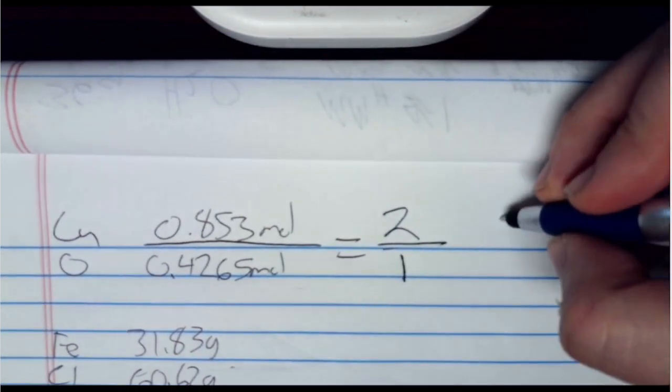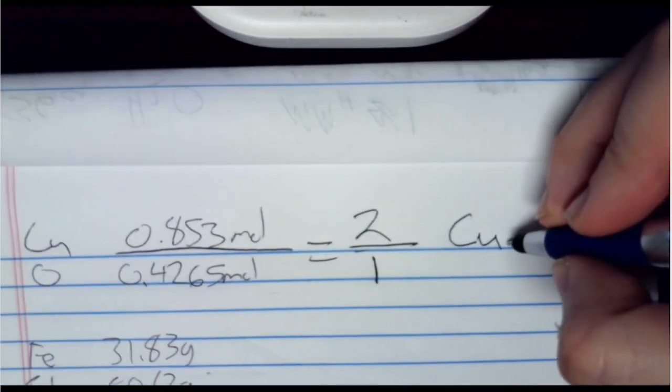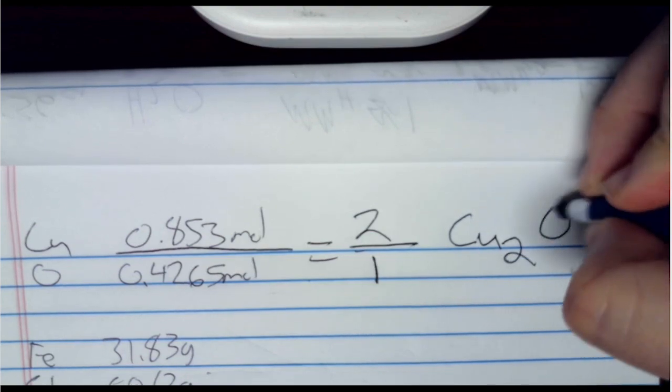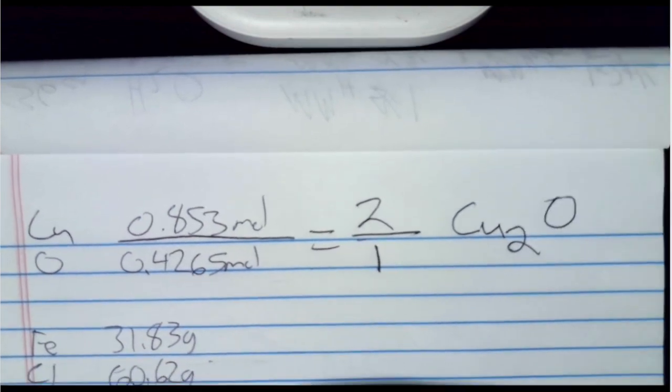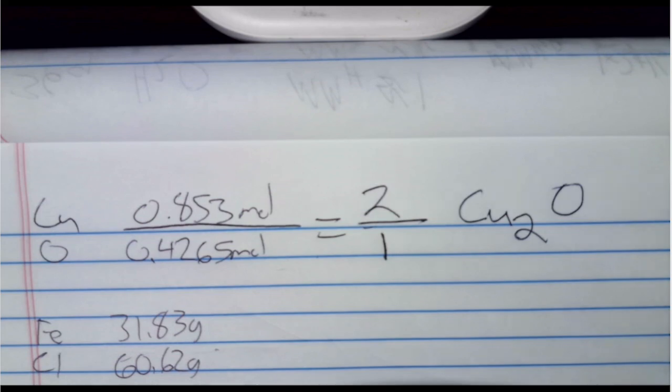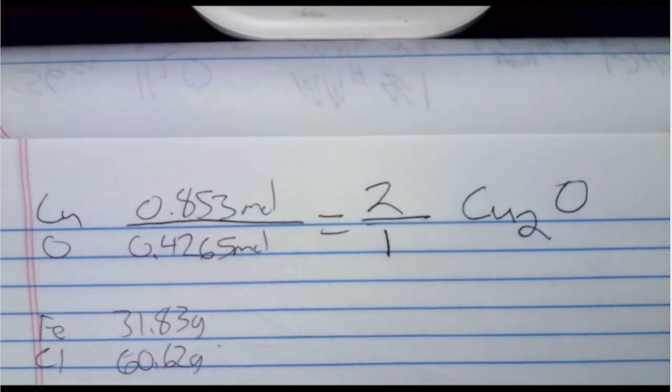So our empirical formula is Cu2O. That one is particularly easy. And that means that's copper 1 oxide.